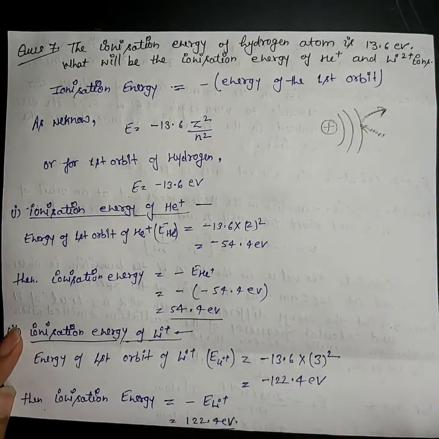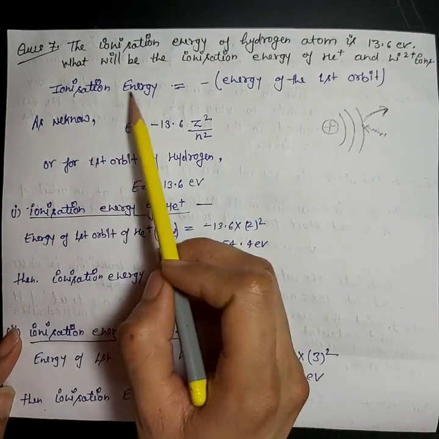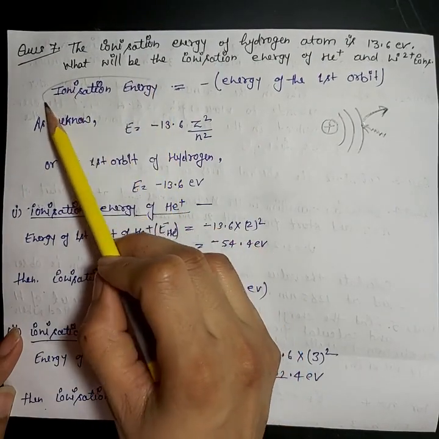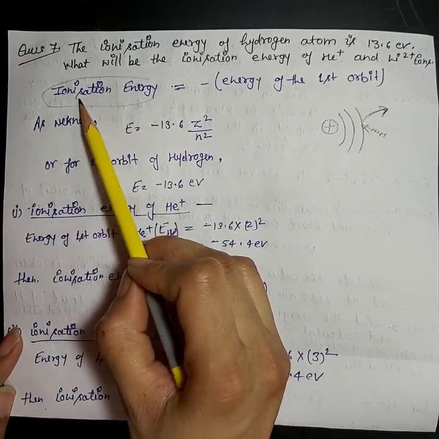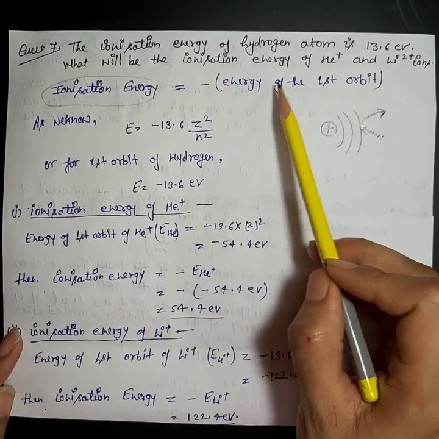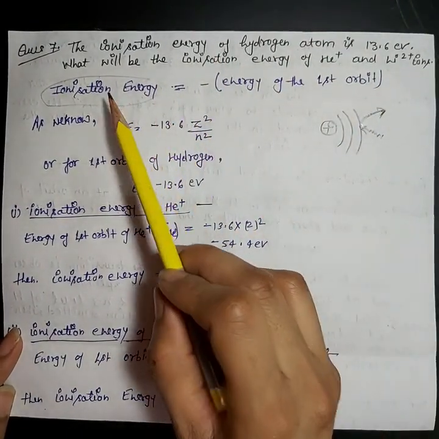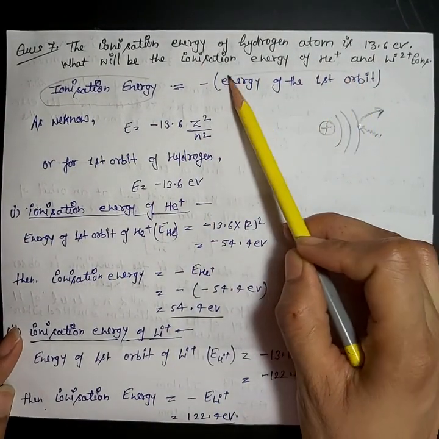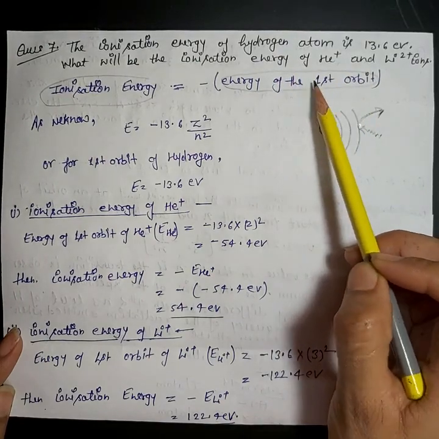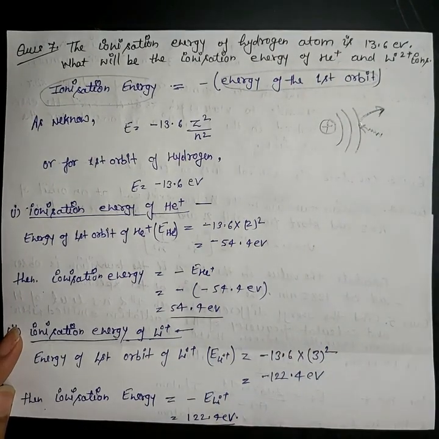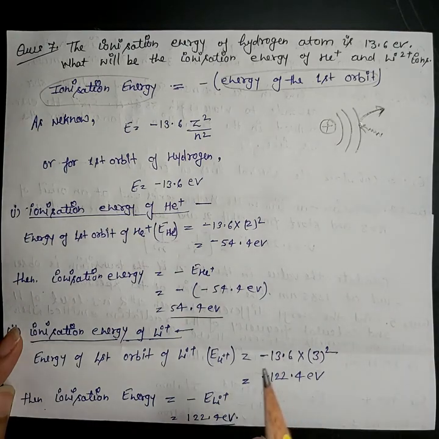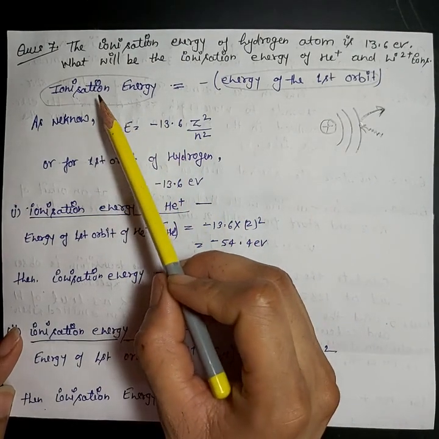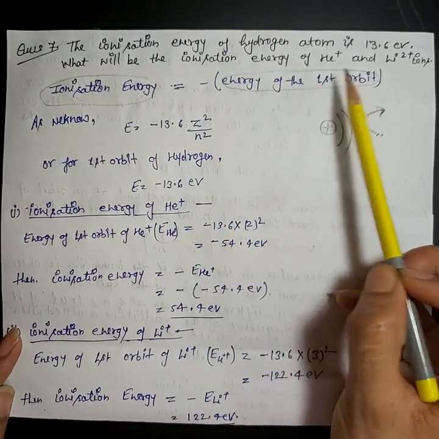To keep this value positive, we can relate ionization energy with the energy of the first orbit: ionization energy equals minus the energy of the first orbit. As we know, the energy of an orbit is always negative except for the infinity orbit, because the energy of the infinity orbit is 0, and all other orbits show a negative value of energy. So that's the relation between ionization energy and the energy of the first orbit.